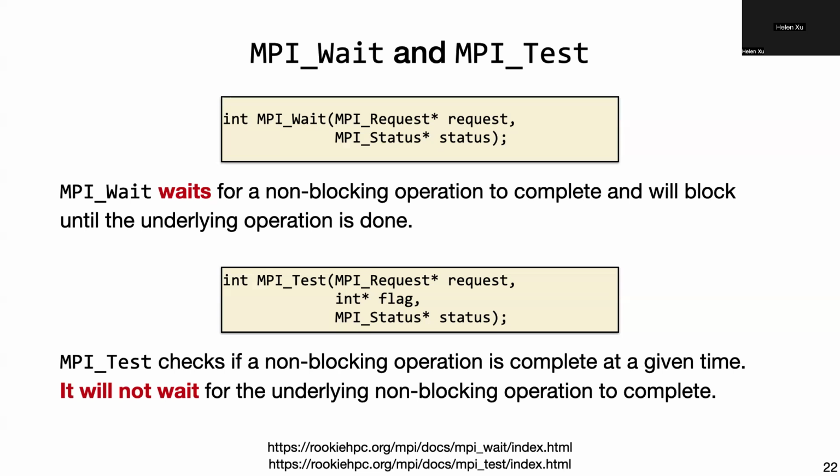And then there's also MPI test, which is similar to wait, except it will not block. You pass in a request, a flag, and a status, and you get the result in flag. It just tests whether it's complete, and it doesn't wait. So you could do this in a loop, and you could implement wait by putting this in a while loop.